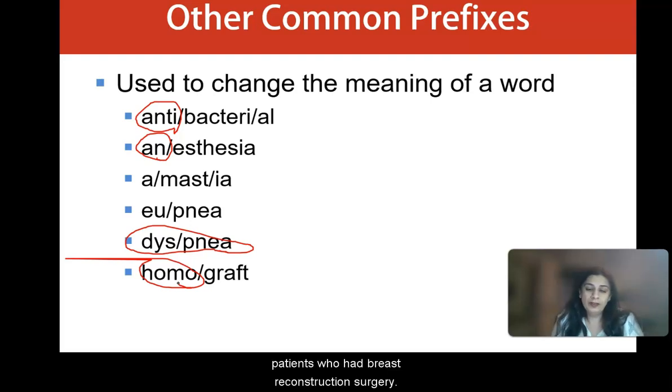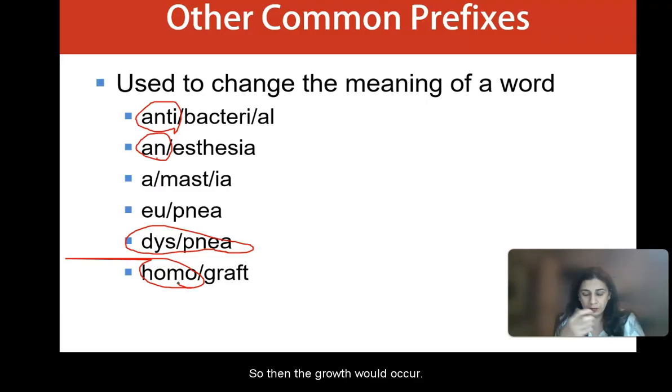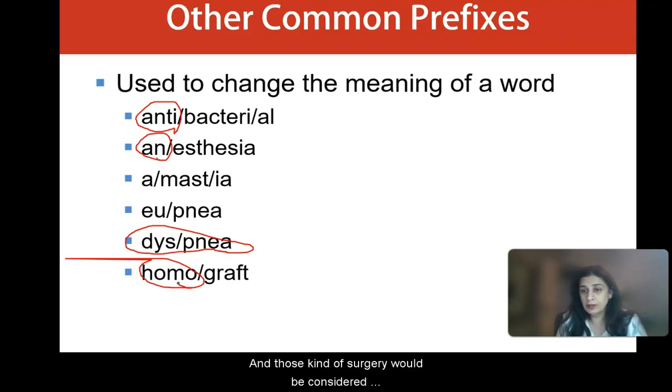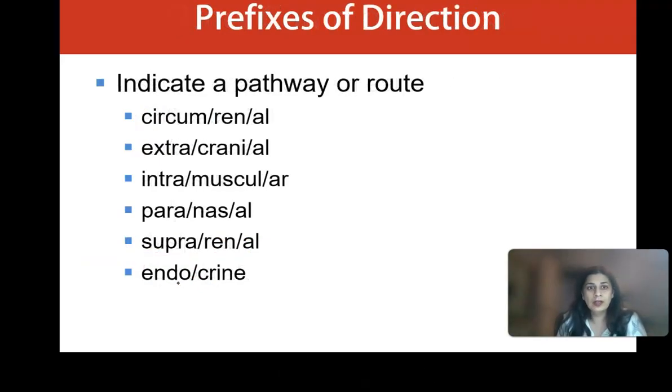I have taken care of a lot of patients who had breast reconstruction surgery, so then the growth would occur. So that would be reconstruction surgery, and those kind of surgery would be considered homograft surgeries.